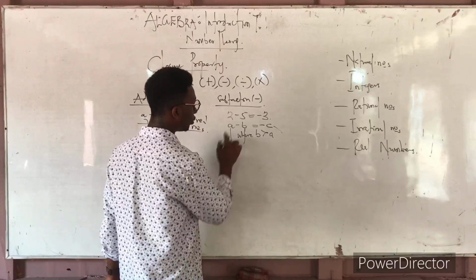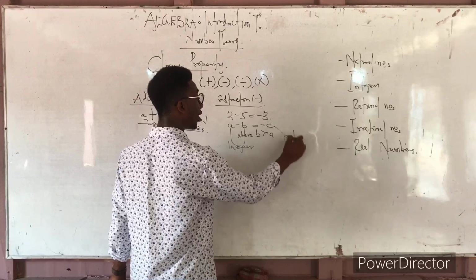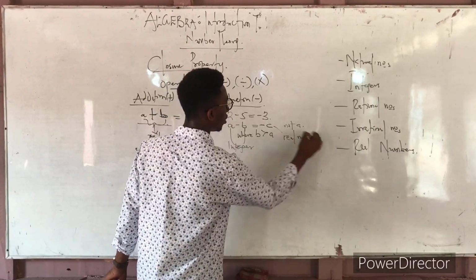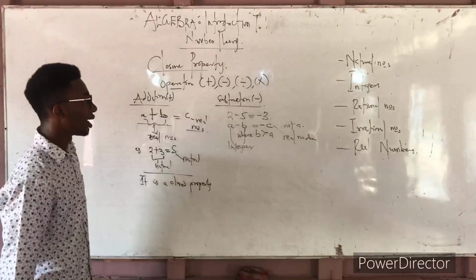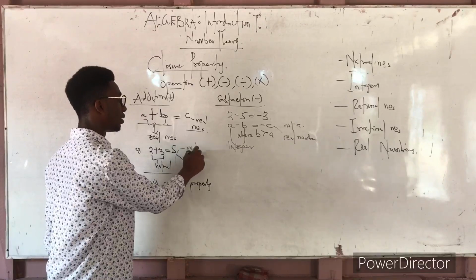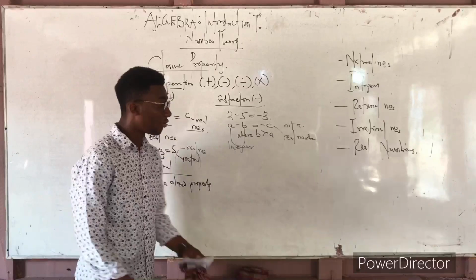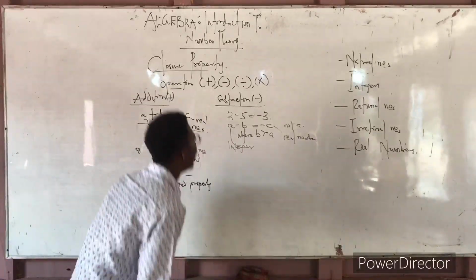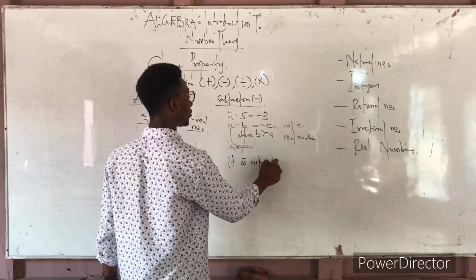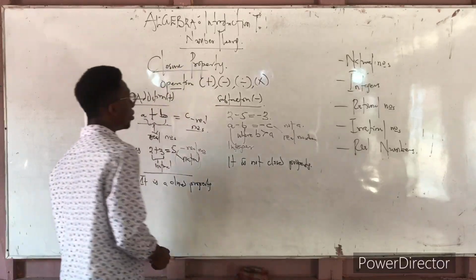These two are integers, but the answer it gives is not a natural number, whereas 5 is a natural number. Since the answer is not, we say subtraction is not a closed property.